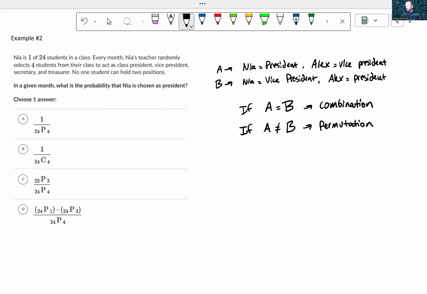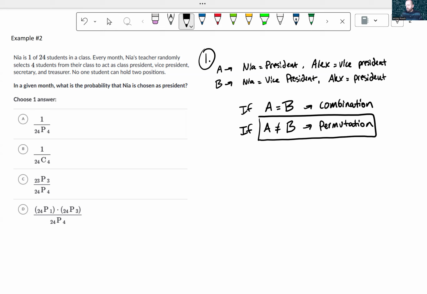Nia is not the president in scenario B. So A is not equal to B, and this is a permutation. That's step one, figuring out if this is a permutation or a combination. You can always write out the scenarios like this. If you're ever not sure, you can ask yourself, are these two things equal or are they not equal?